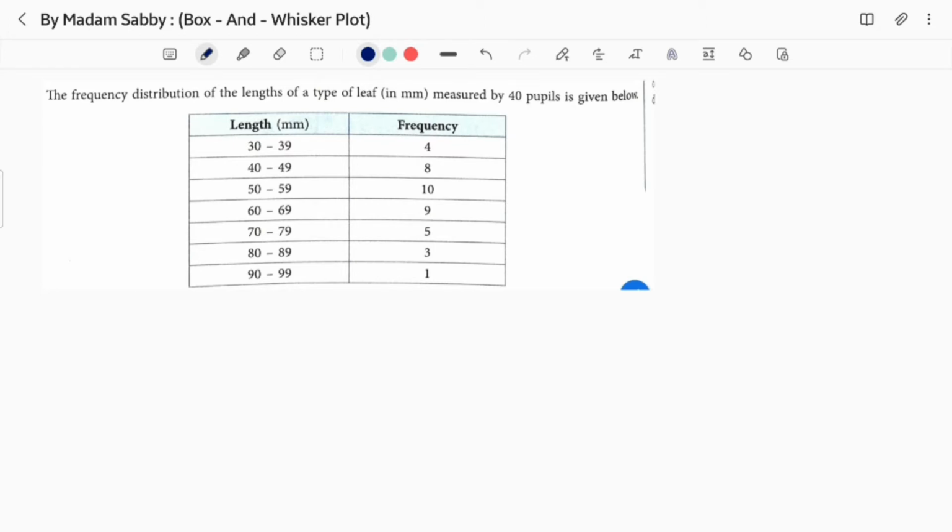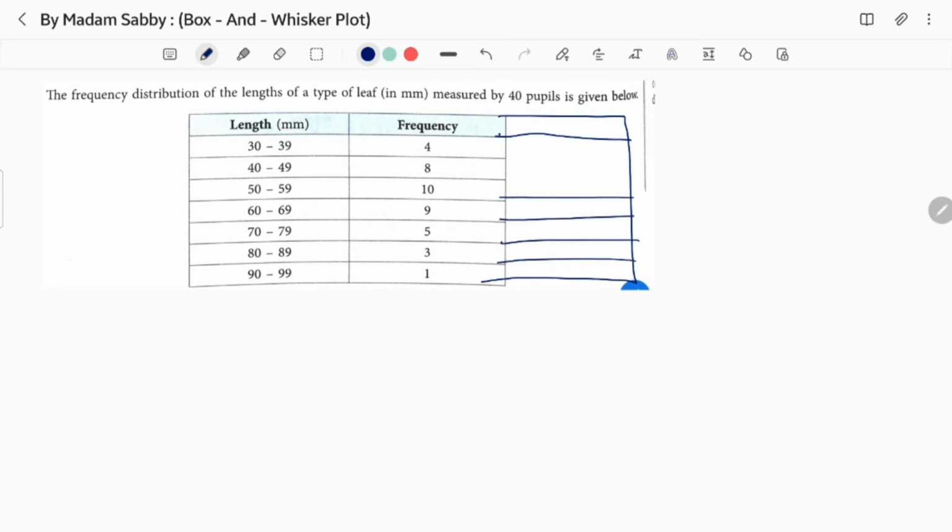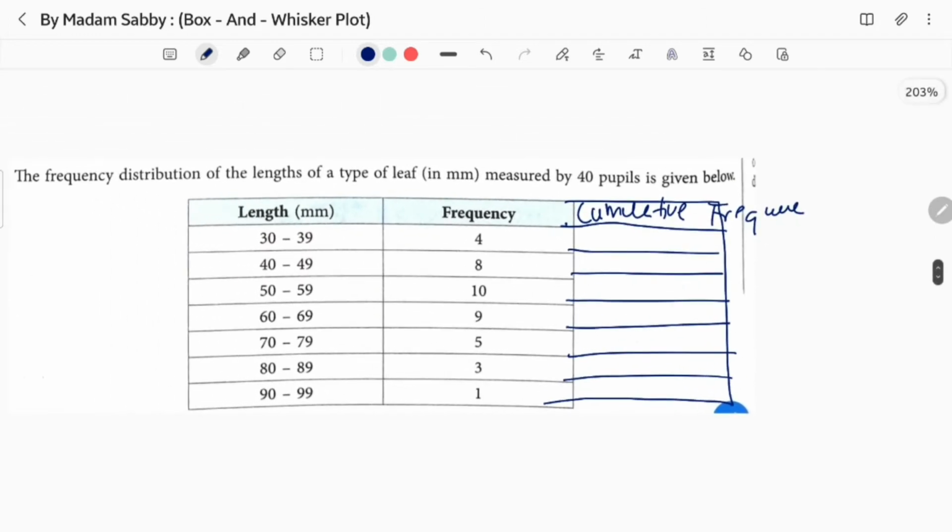To make it easier for you to sketch the box plot, you need to add another column here, for your cumulative frequency. How do we calculate cumulative frequency? By adding the current class interval's frequency to the previous ones.